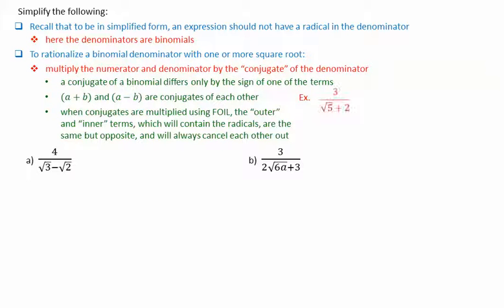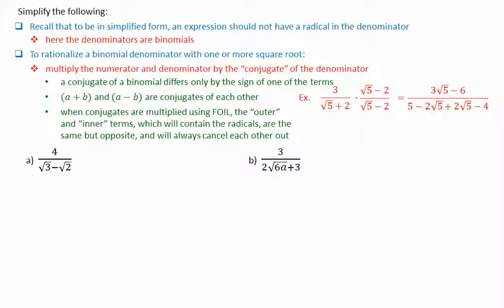As an example, consider 3 over root 5 plus 2. Multiplying the top and bottom here by the conjugate of root 5 plus 2, which is root 5 minus 2, we end up on the top with 3 root 5 minus 6. On the bottom, using FOIL, we get 5, which is the root 5 times root 5.